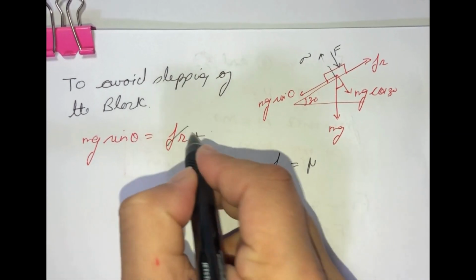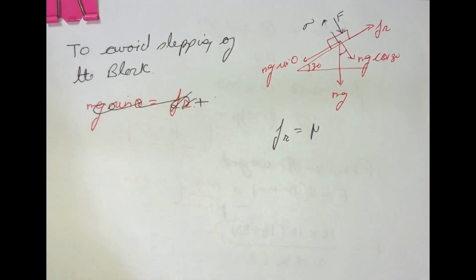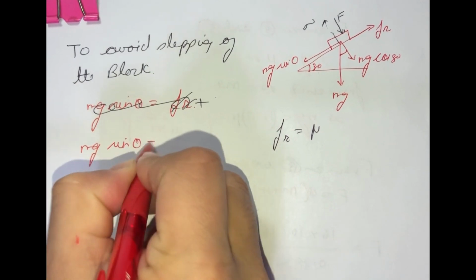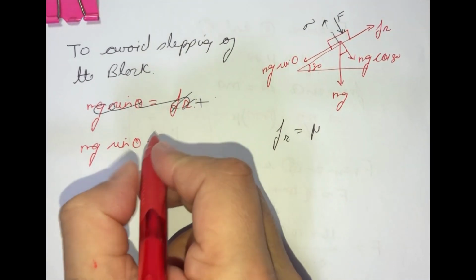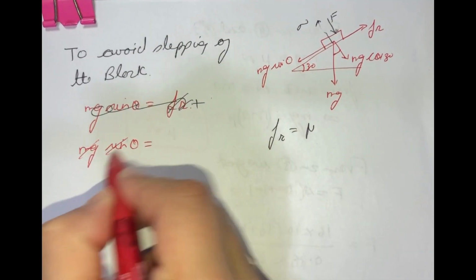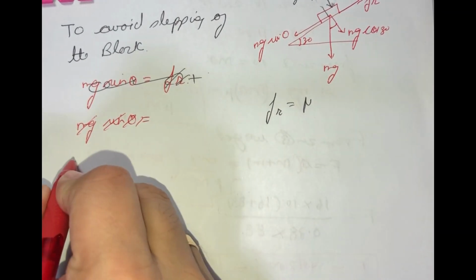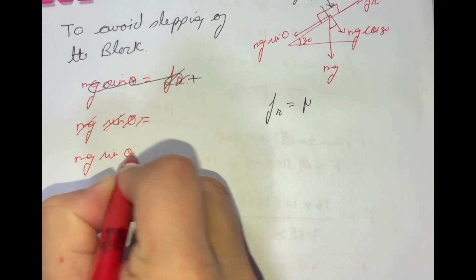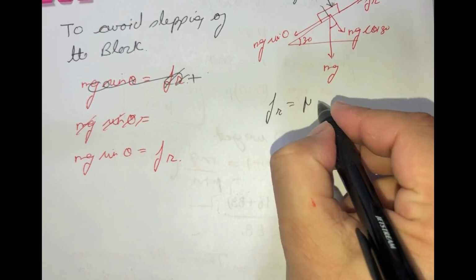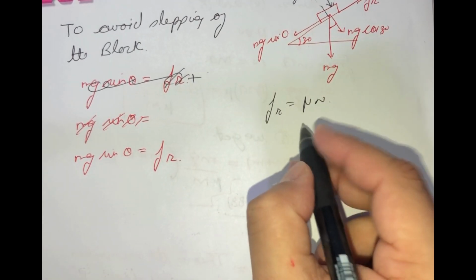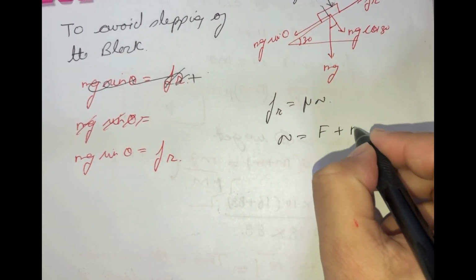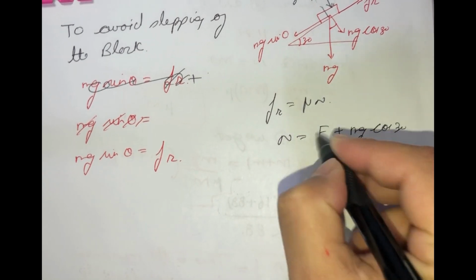One second. My mistake. So we can write this as mg sin theta is equal to Fr, and let's find out the value of Fr. Fr will be equal to mu N, and the value of normal in this case will be N equal to F plus mg cos of 30.